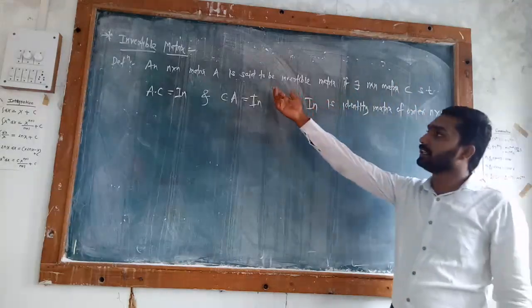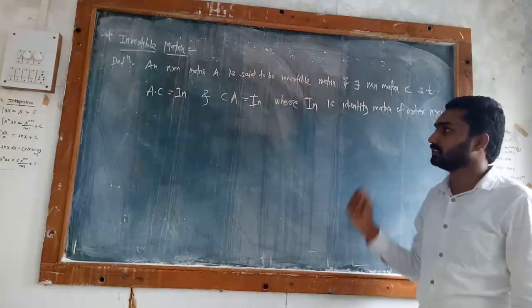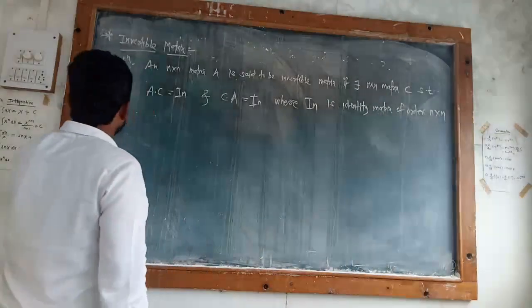Then this A is said to be an invertible matrix.